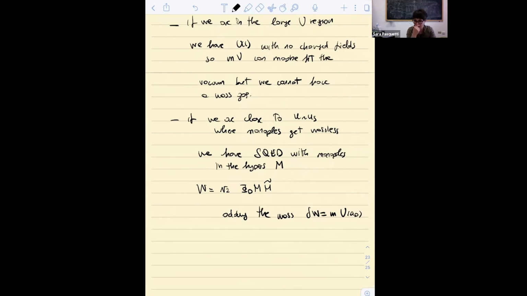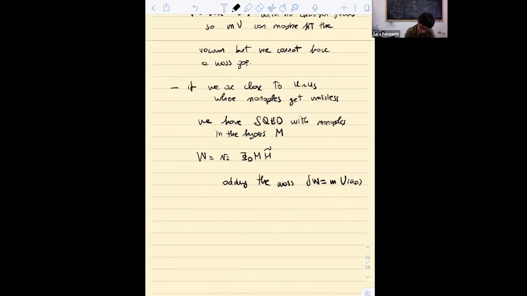I think of this chiral multiplet U as a function of the coordinate a dual. Then you see that now W plus dW has this form, and I write down the F terms for this theory, the equations of motion.